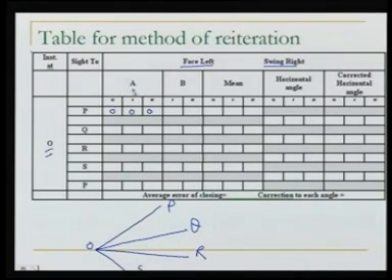Now this is for vernier A, and for vernier B we will write only minutes and seconds. So 0 and 0 if it is so, and then the mean of vernier A and B, which is 0, 0 and 0. Then our next sighting is to Q. Whatever is the value at Q, for example 30 degrees, 20 minutes and 20 seconds, and here it may be 20 minutes and 40 seconds in vernier B.